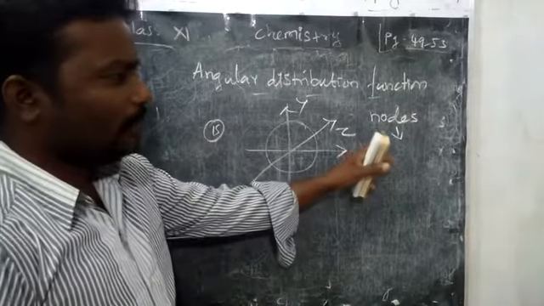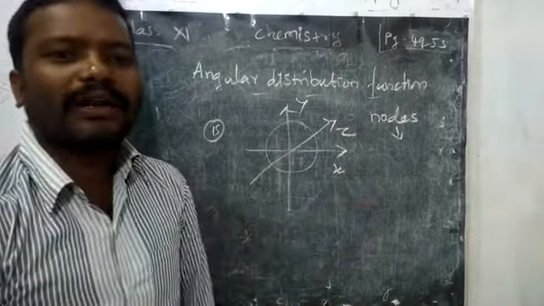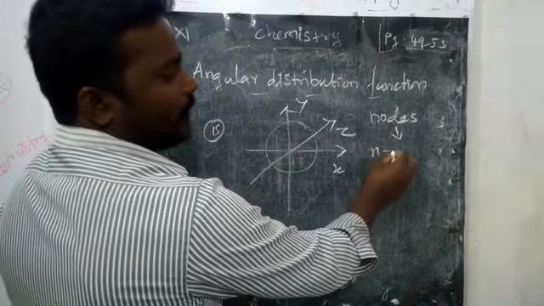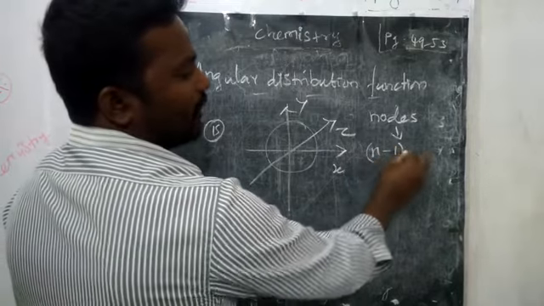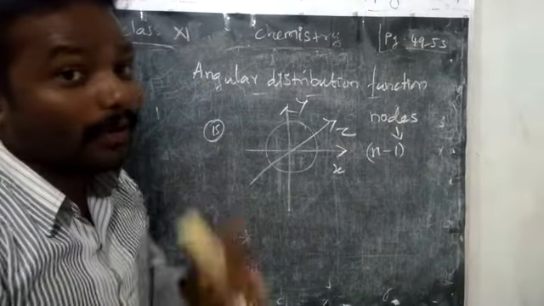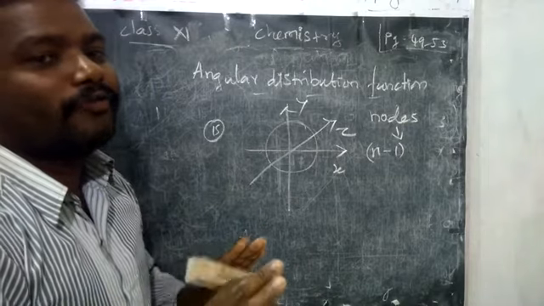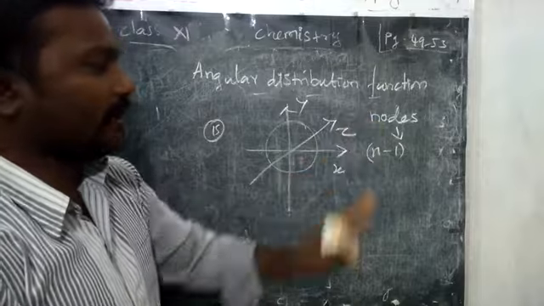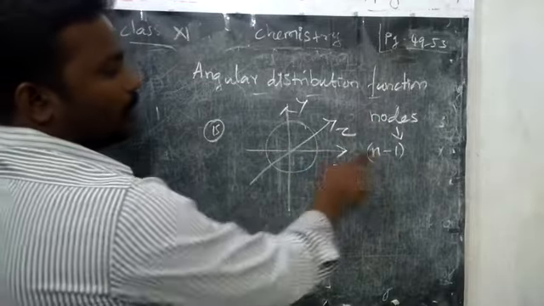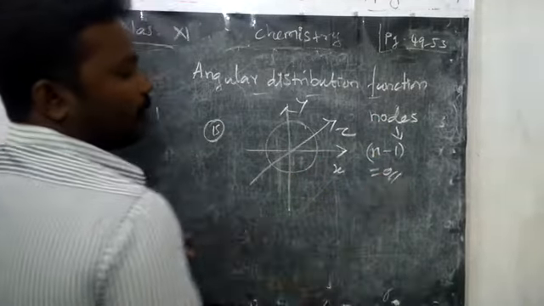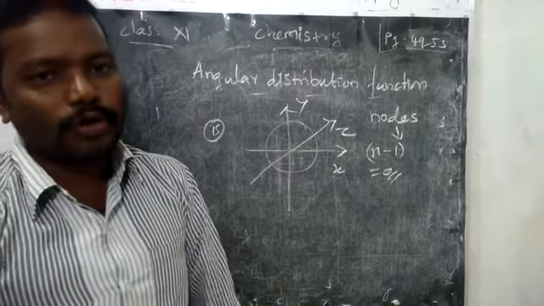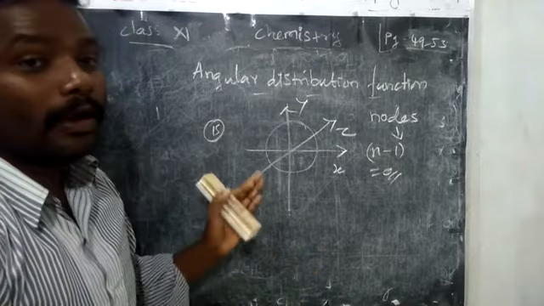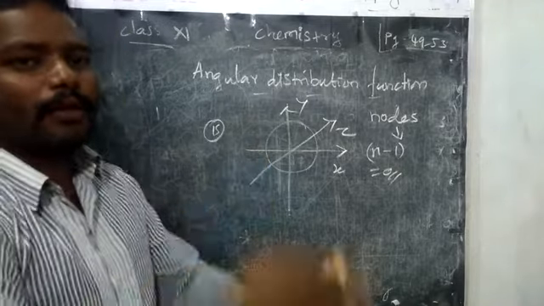So for an s orbital, how will you find the number of nodes? We use the n minus 1 formula, only for s orbitals, not for p, d, f orbitals. For 1s, n is equal to 1, so we have 0 nodes. So we can say the electron is present near the nucleus.